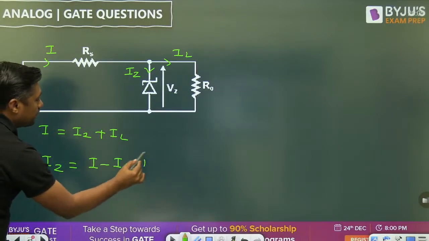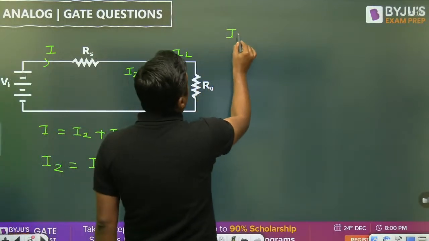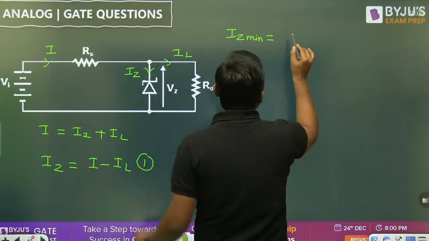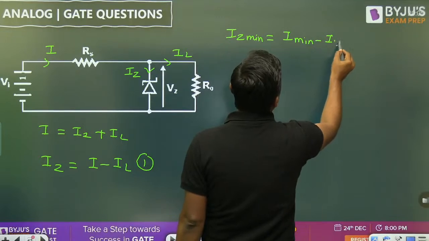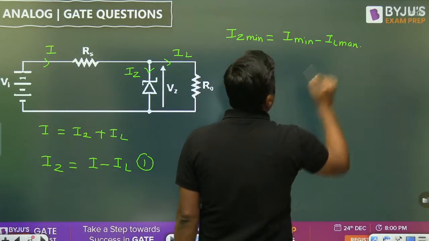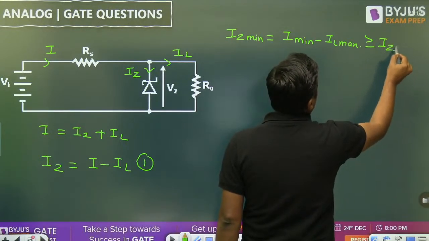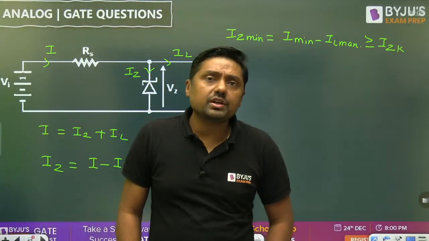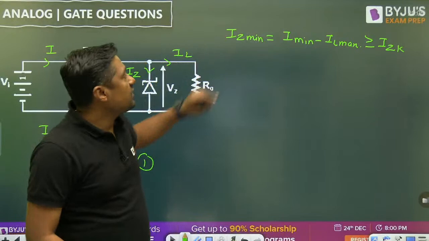One important formula: IZ minimum means when I is minimum and IL is maximum. This current should be greater than or equal to IZK, the knee current. If in a particular question the knee current is not given, choose the ideal value, that is 0. So that is the first formula.